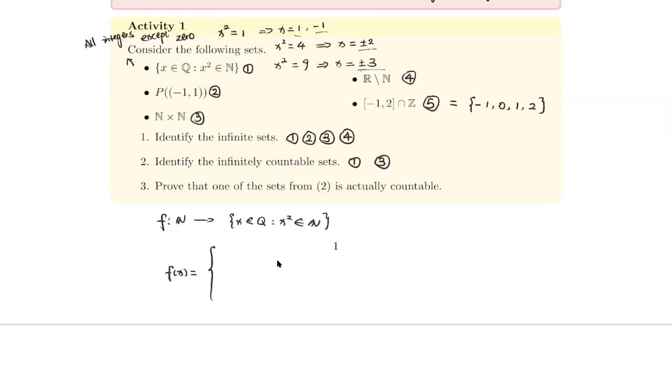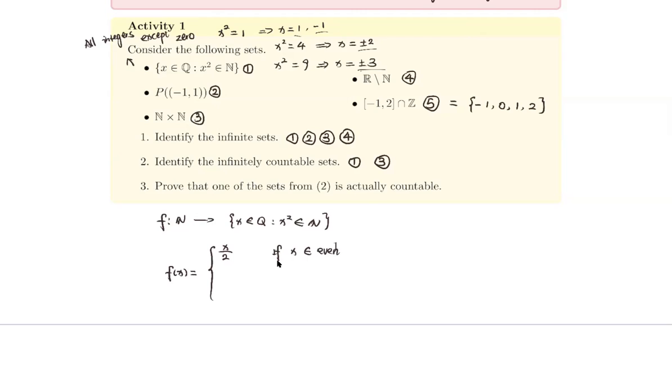Most of the time they don't allow you to use that. f of x equals x over 2 if x is even.